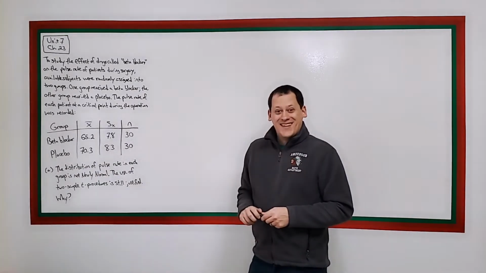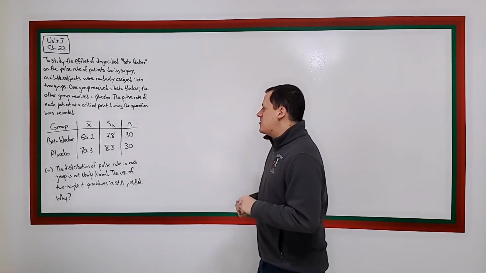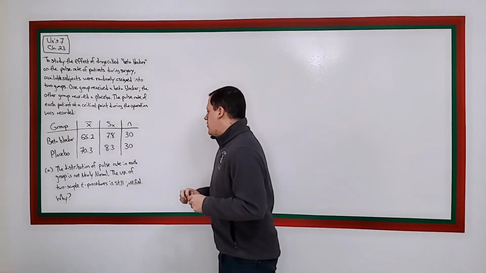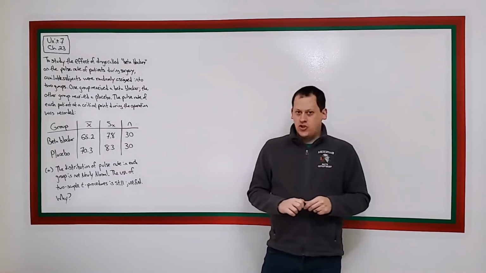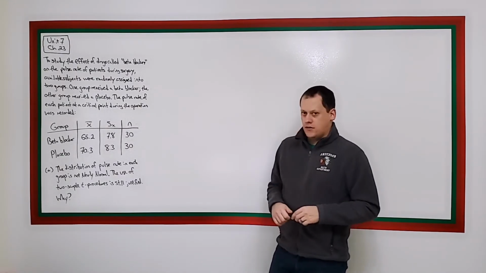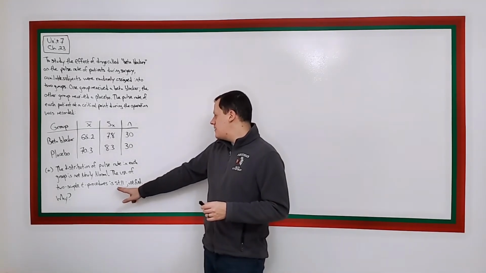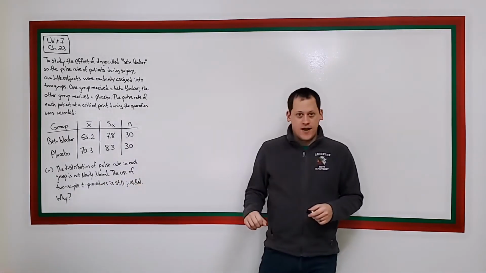So, part A says the distribution of pulse rate in each group is not nearly normal. The use of two sample T procedures is still justified. Why? Okay. I want to focus attention on the second sentence here. The use of two sample T procedures is still justified.